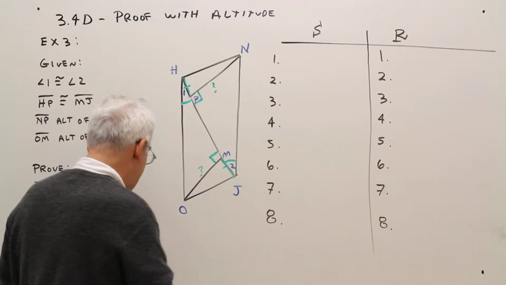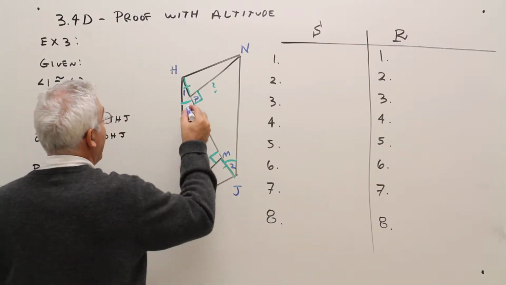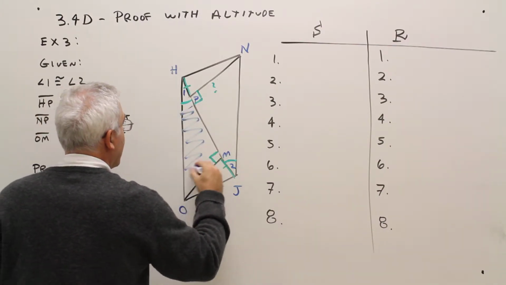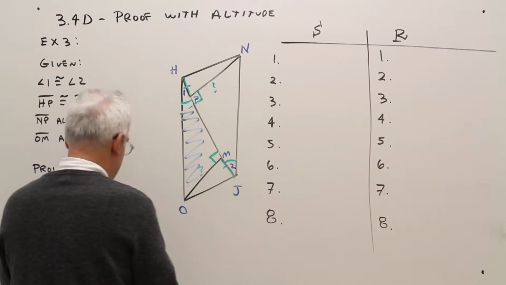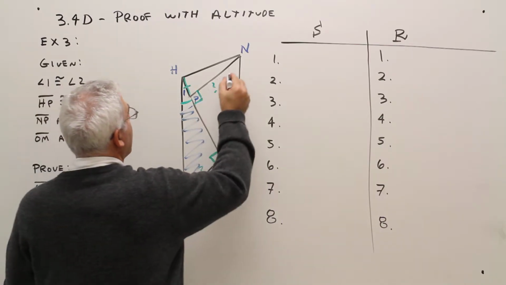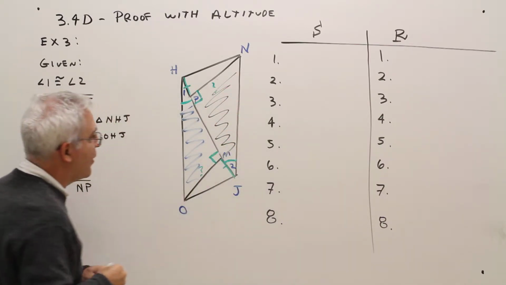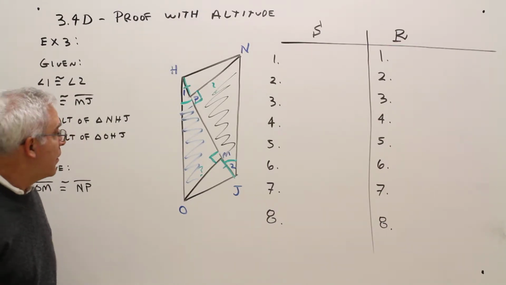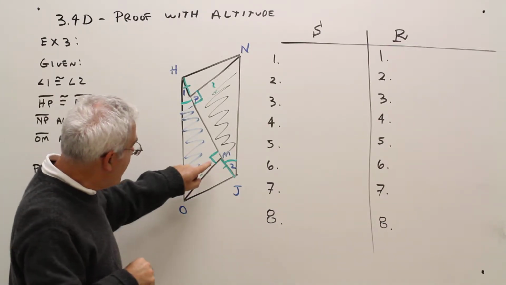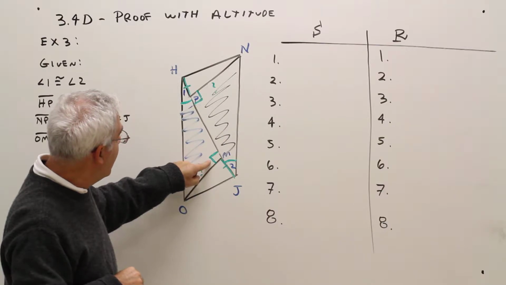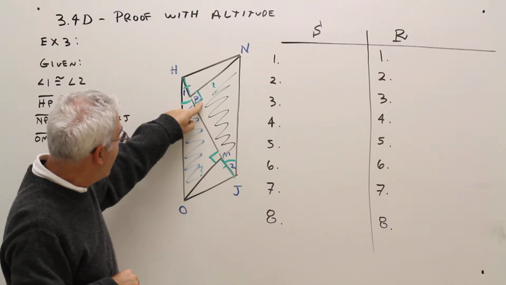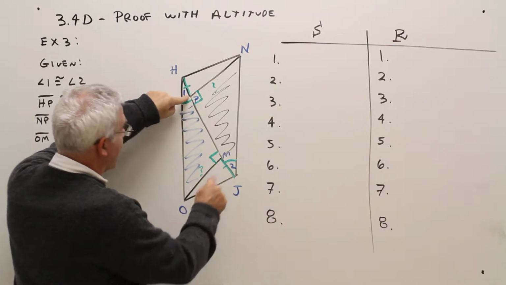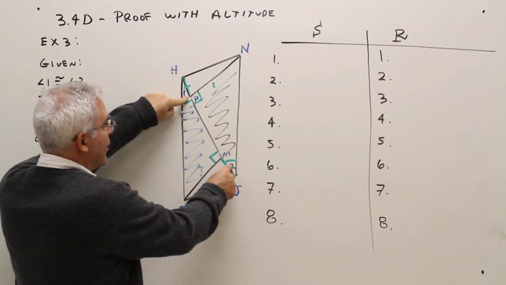Let's try taking a look at this triangle here and this triangle there. I do have an angle here, an angle here, an angle here and an angle here.